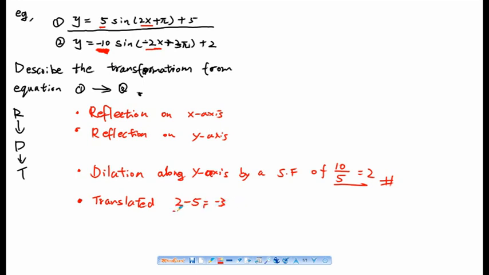Use the number of the second equation minus the number in the first equation: 2 minus 5 is minus 3, so it's translated 3 units down. When it moves up, it's positive. Also, when it moves right, it's positive.